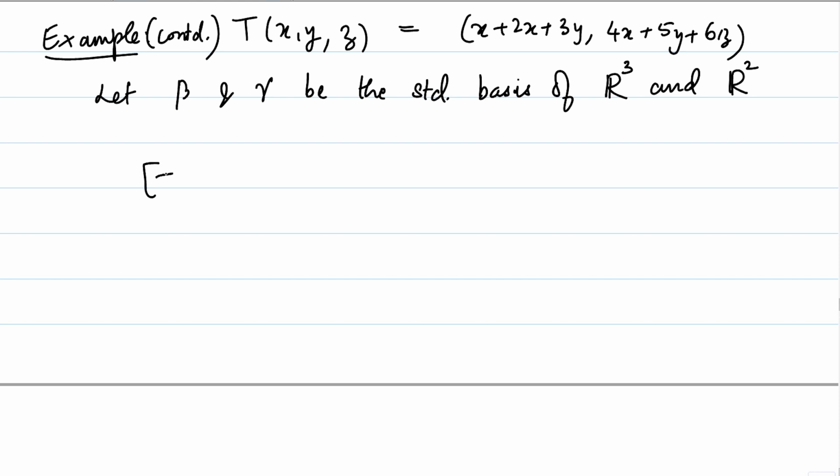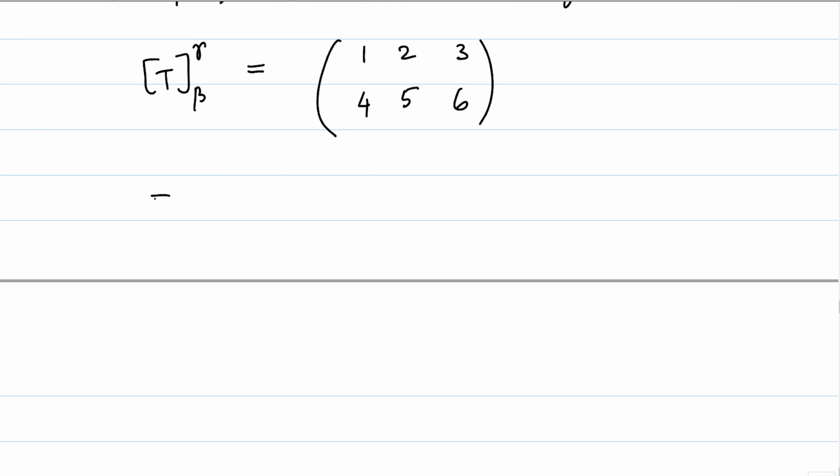And then what will be the matrix of T beta gamma from R3 to R2 with respect to beta and gamma? This will just turn out to be, let's see, what is T of 1, 0, 0? That is going to be 1 comma 4, then 2 comma 5 and 3 comma 6. And what will be the conjugate transpose?